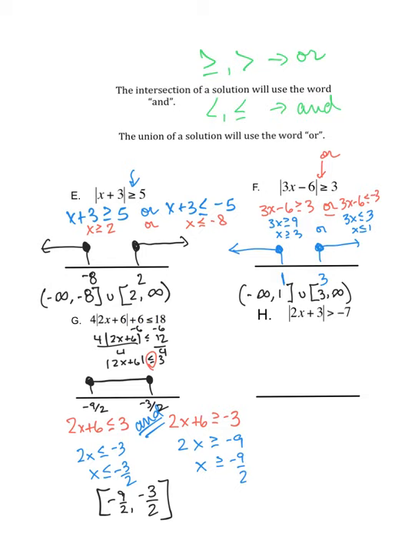Great. Last one, letter H. It's already isolated, ladies and gentlemen, so all you have to do is write two equations. Remember to use and or or correctly. See what you come up with. Ready, go.